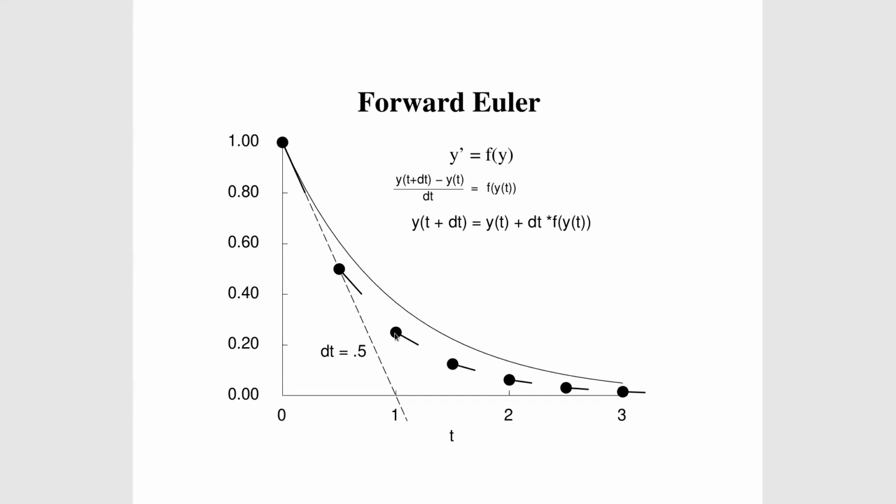And then our next solution point is along the slope of the vector field at this point in the field, okay? All right. So you'll see here then a solution to this differential equation with a time step of 0.5 milliseconds.